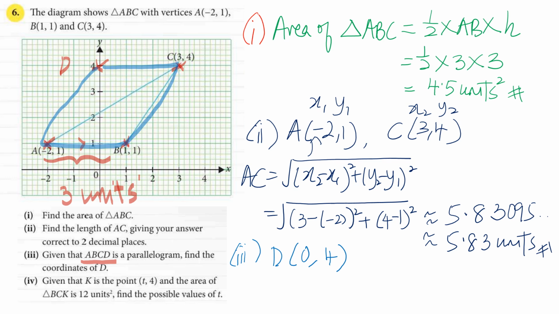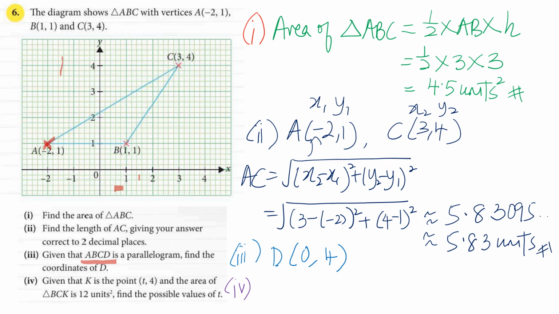Okay, let's look at part 4. I hope I have enough space to do part 4. Given that K is a point (T, 4) and the area of triangle BCK is 12 units squared, find the possible values of T. Okay, let's erase off whatever we have here.